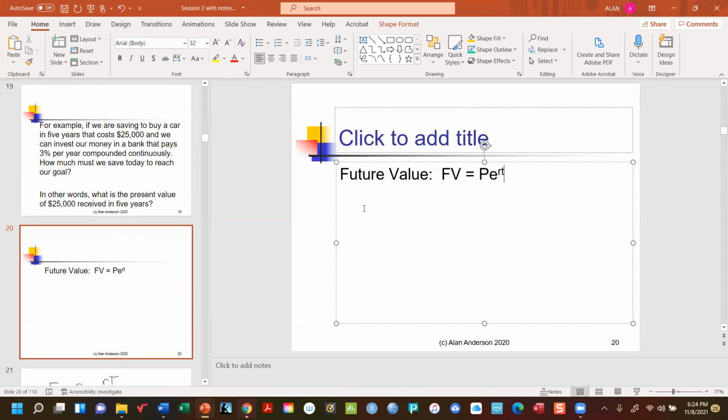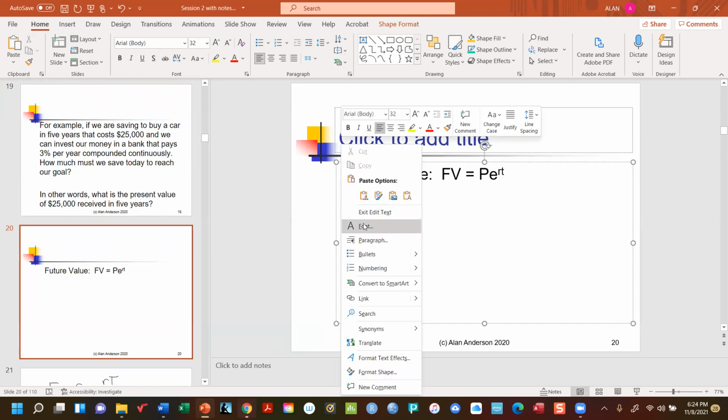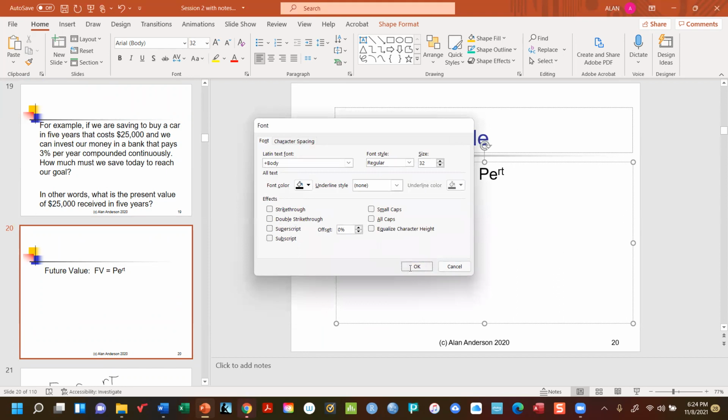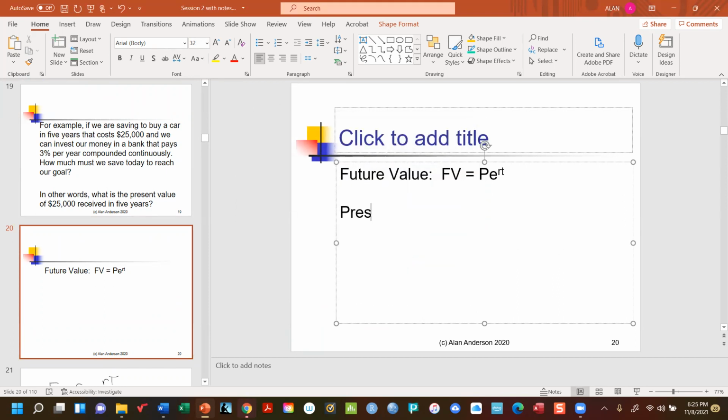All right, the present value is basically just the reverse of this. The present value, which we abbreviate PV, would be FV e to the minus rt.